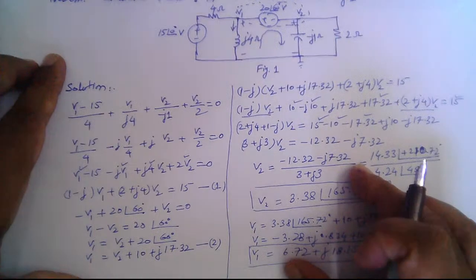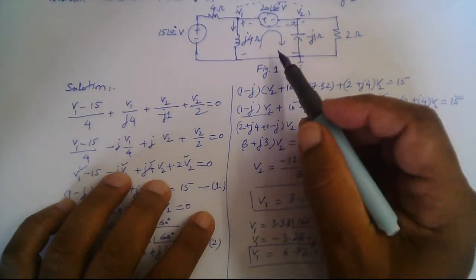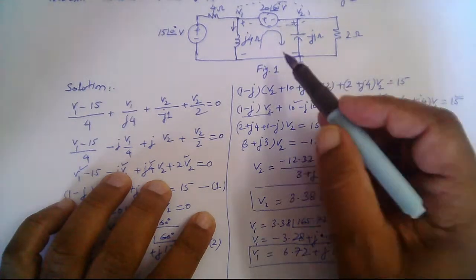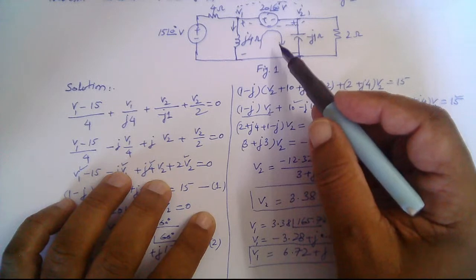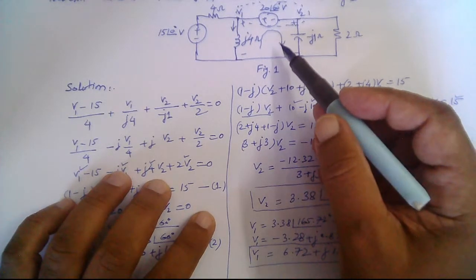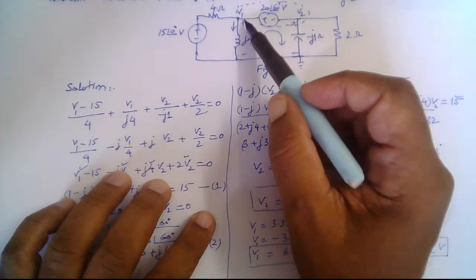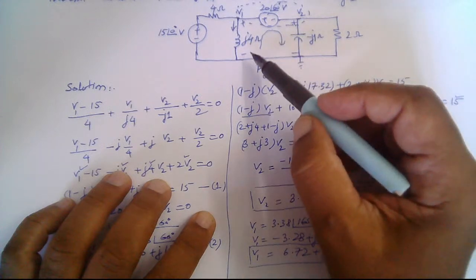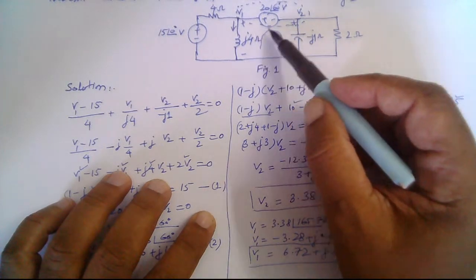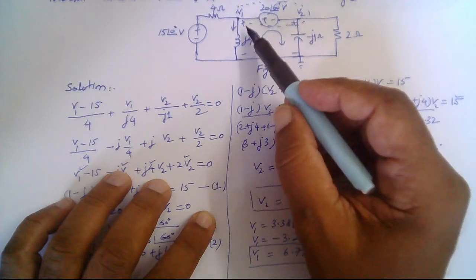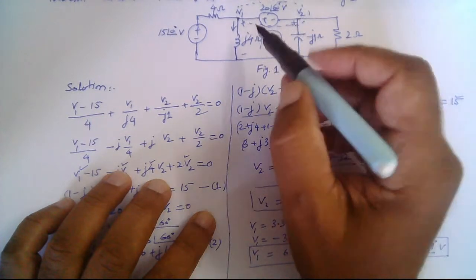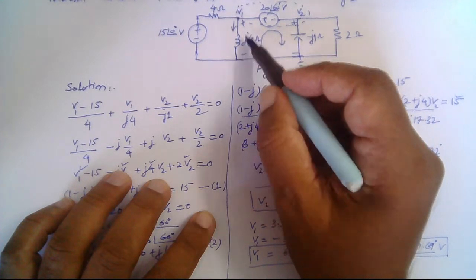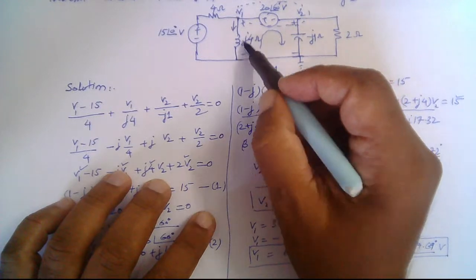So using nodal analysis along with KVL, we have found both the voltages V1 and V2. But note that we had to use both KCL and KVL to solve the circuit. Using the KCL, we wrote one equation by combining these nodes V1 and V2, and using KVL, we found the relationship between the voltages of these two nodes V1 and V2. Note again, when we traverse in this direction upward, this is minus V1.